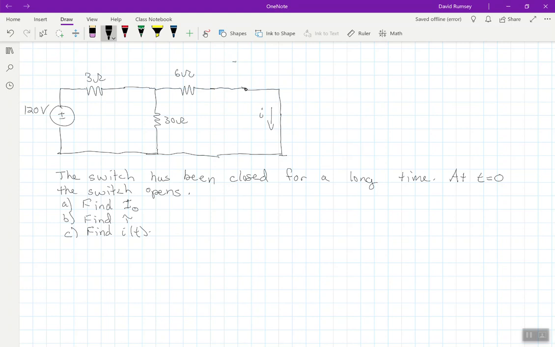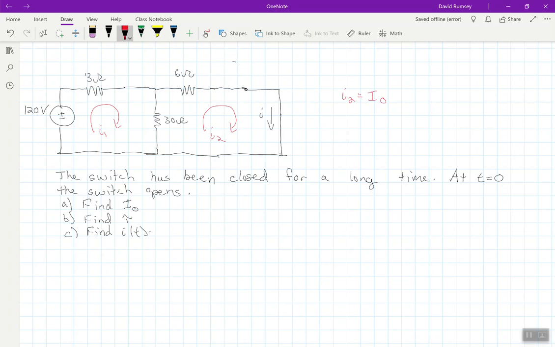Now what do I need to do? I need to find the current going down through here. I want to find this current. There's lots of ways to find this current. One is to do a loop analysis, with I1 here and then I2, and I'll emphasize that I2 would be that initial current, because that's the current going through the inductor, which is now like a short.